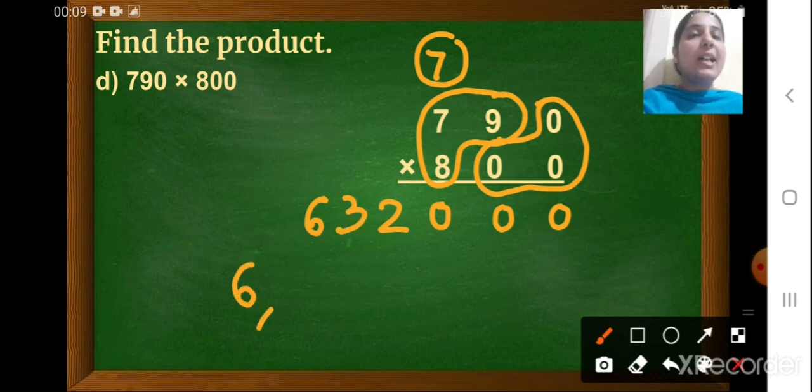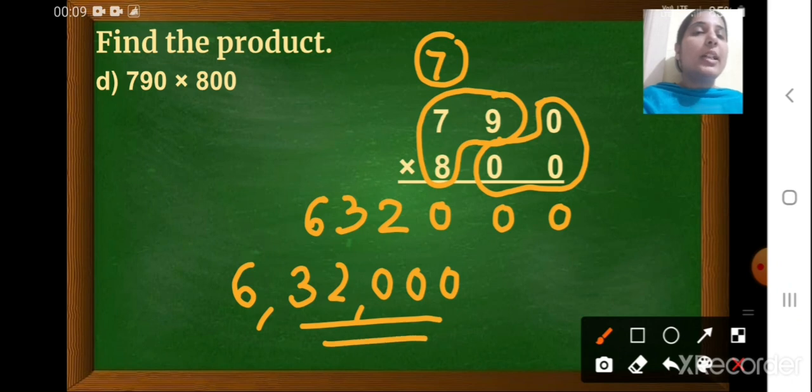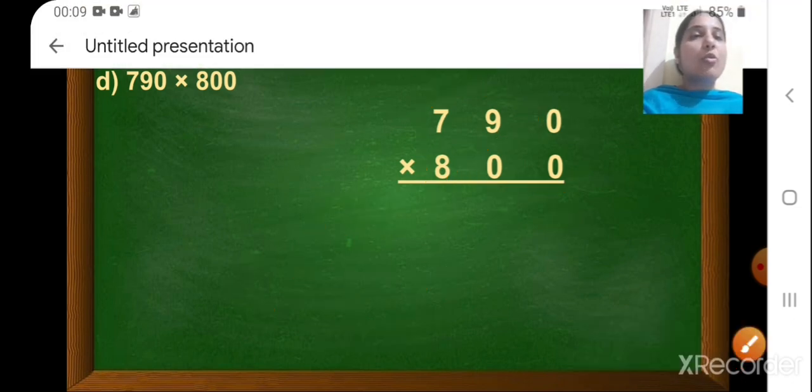It's 6,32,000. Got it children? In this way, the multiplication becomes very easy. You have to just count the number of zeros, how many zeros are there, that you have to write, and then you have to multiply the multiplicand by the remaining digits in the multiplier. Okay, children? Now let's move to the next question.